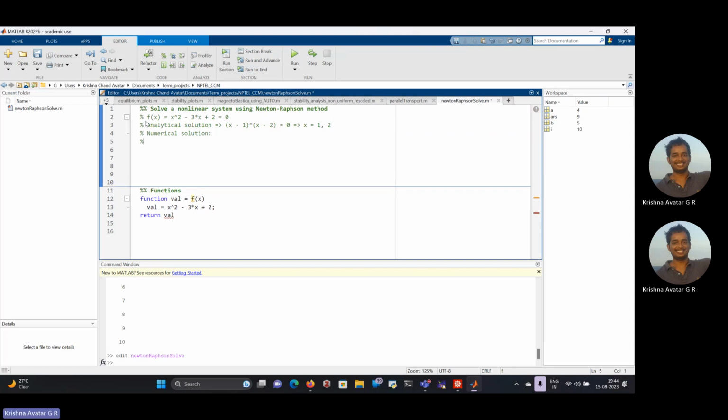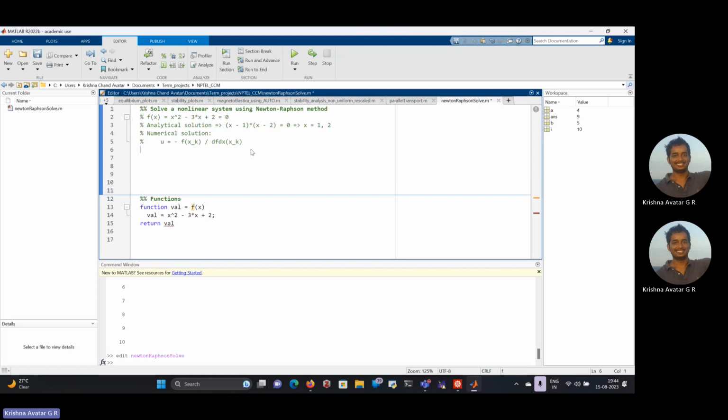Now in that case, what you have to do is, we'll have x_{k+1}, or rather, u is equal to minus f of x_k divided by df/dx of x.